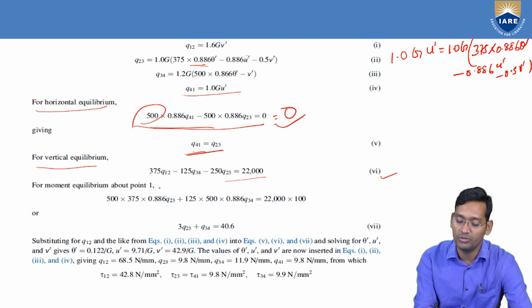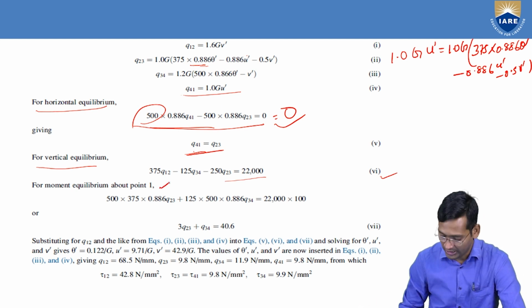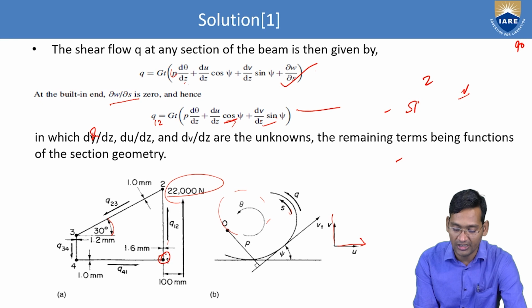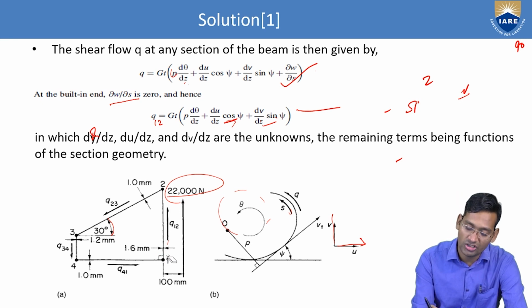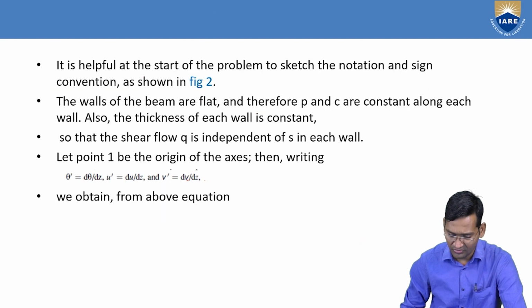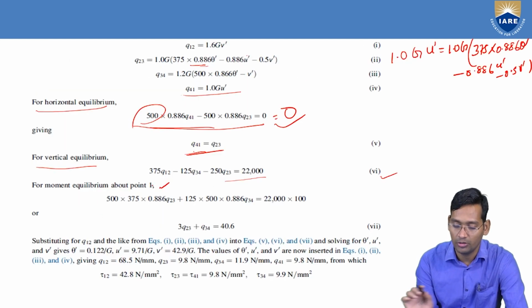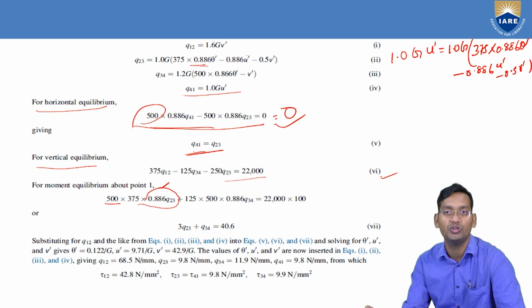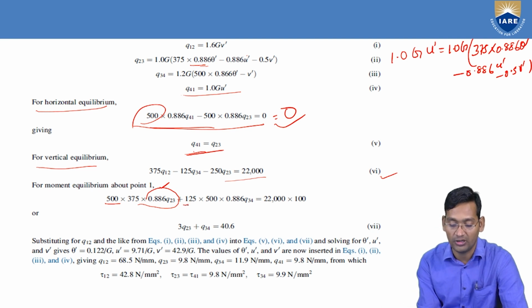Next, moment equilibrium about point 1. Along point 1, which we are already taking as the origin, we will take the moment. So after taking moment about point 1, whatever the area is given, that is 500 into 375 into 0.086 Q23 plus the area of this one, given in the figure, or you can refer to the book.